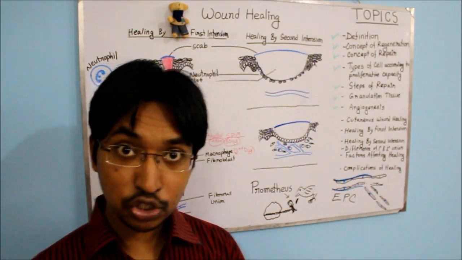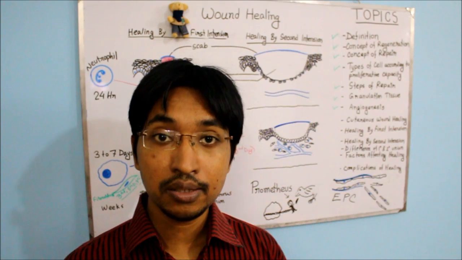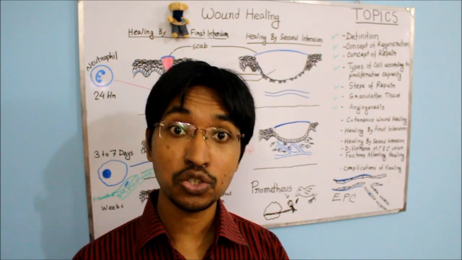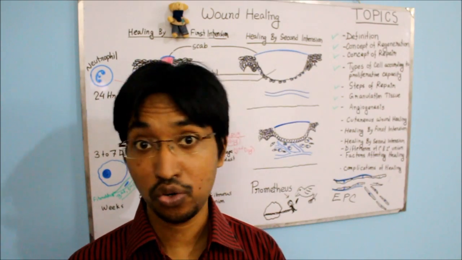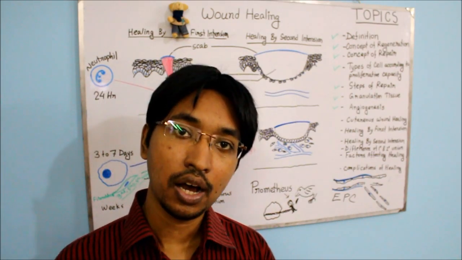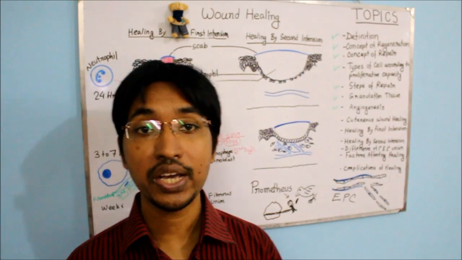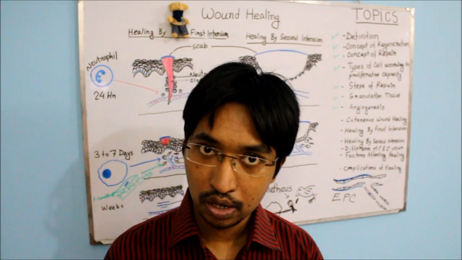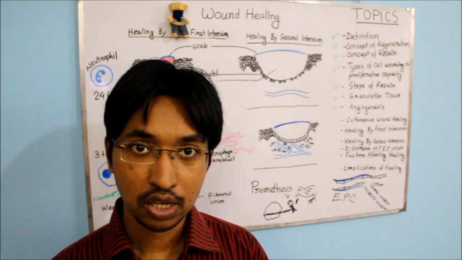Now, in scar tissue, what will we see? The granulation tissue will be replaced by dense collagen material. The granulation tissue that we had seen in the previous two phases acted like a scaffold for the collagens to deposit.